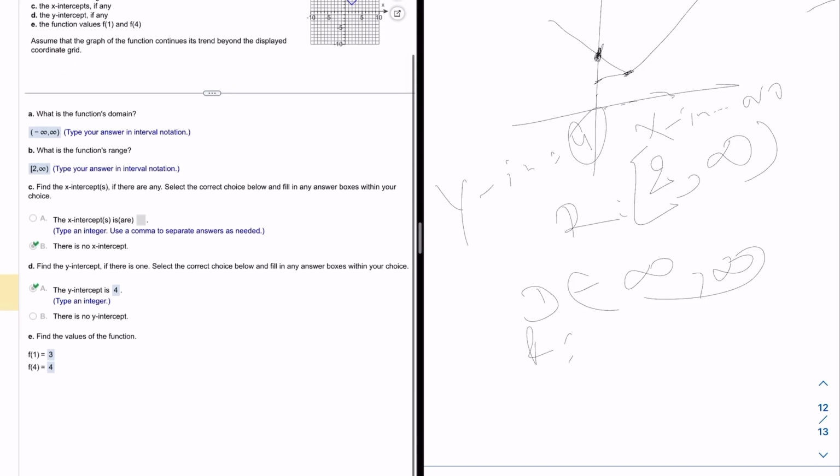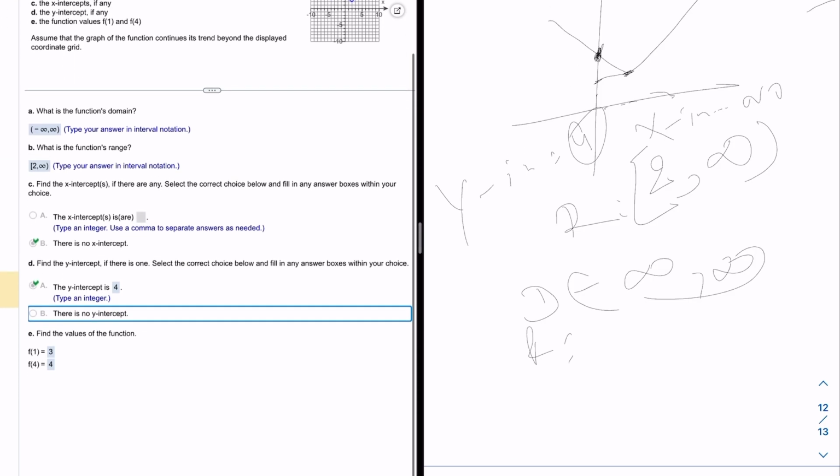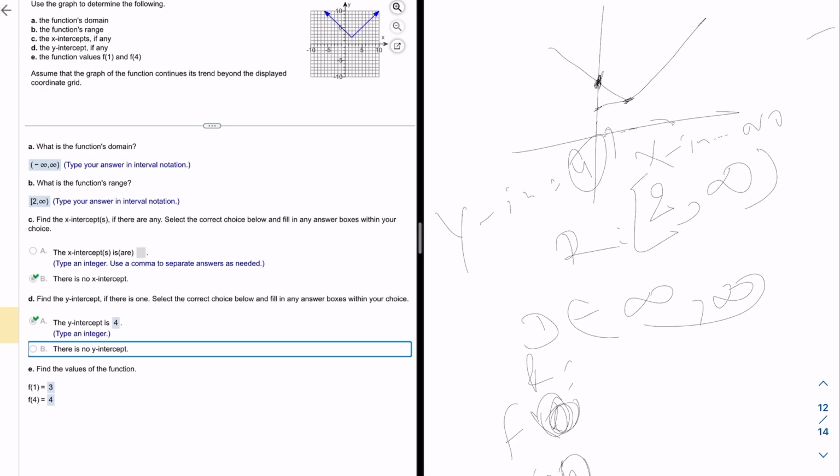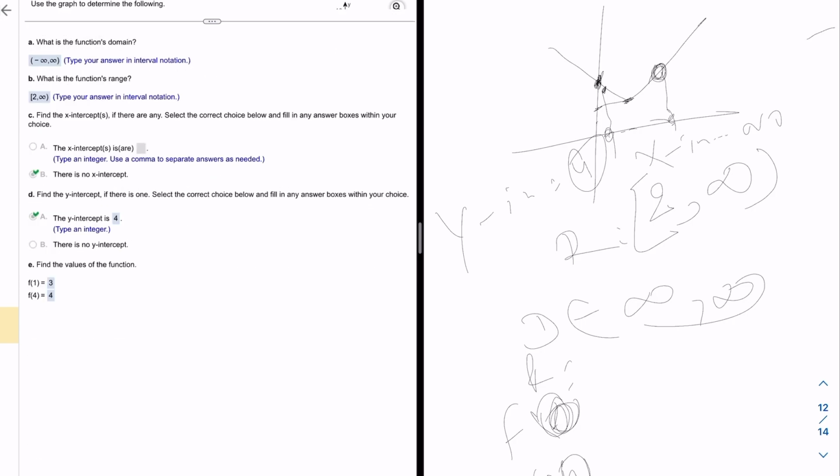Okay, now find the value of function f(1). So what is f(1)? f(1), then f(4). Where is 1? Look at the x-axis at 1 and the x-axis at 4. At 1 you can see its respective y coordinate is here, and at 4 its respective y coordinate is here. So look at the question.